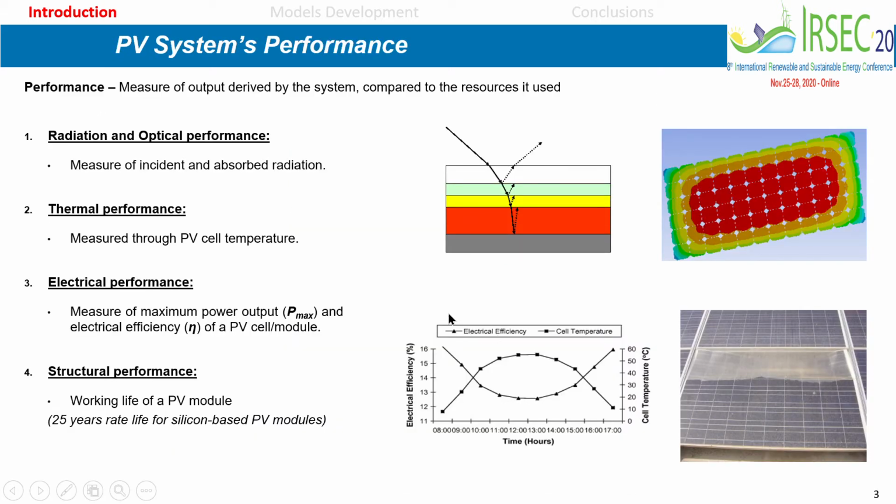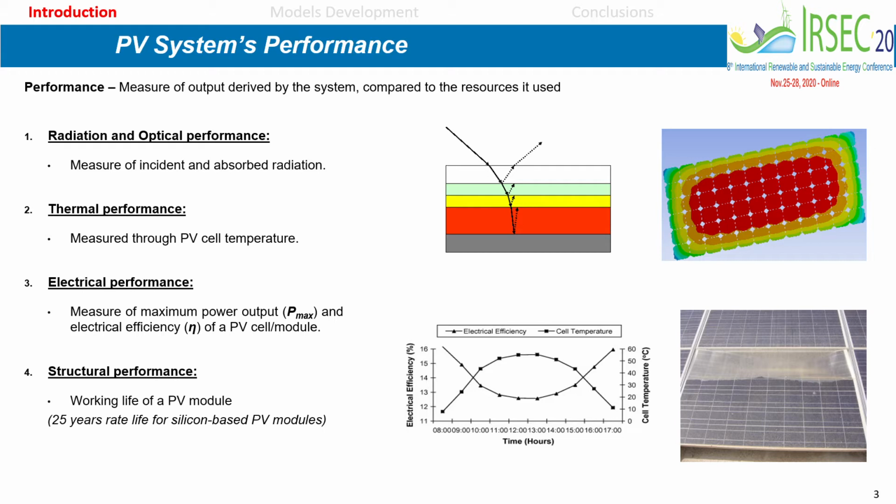So the PV system performance can be decomposed into four parts: the performance due to radiation and optical, and also the thermal performance, which is measured through the temperature of the cells, and the electrical performance, which in fact is measured through the maximum power of the PV cell or the module.